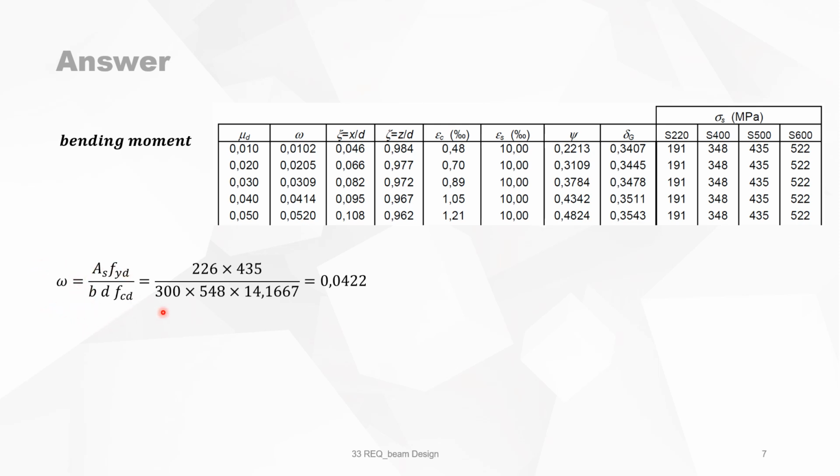So omega is then equal to this, and it gives you 0.0422. So we look up in the table 0.0422, and we make a linear interpolation, and we find zeta, which gives you 0.9666. And from this, we can calculate the needed reinforcement, which is the bending moment divided by zeta d fyd.